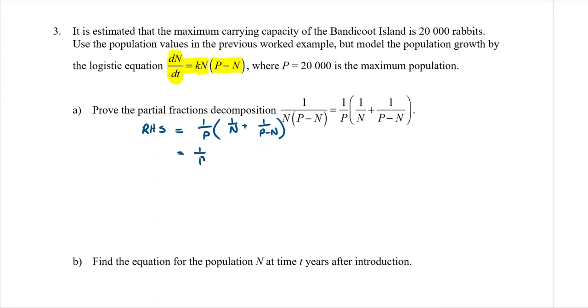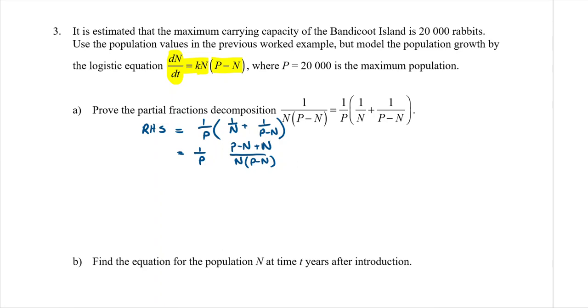I'm going to leave the 1/P out the front and I want to add those two fractions together. To add them together, I need a common denominator, which means I would multiply N with P minus N. The first fraction, which had the N on the denominator, I would have to multiply the top by P minus N. The second fraction has the P minus N, so what do I need to multiply to it? Just the N. So I need to go plus N for the second fraction.